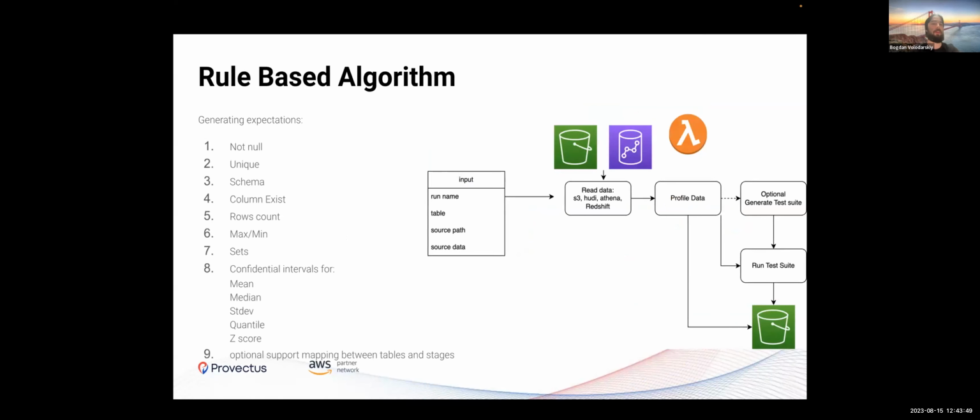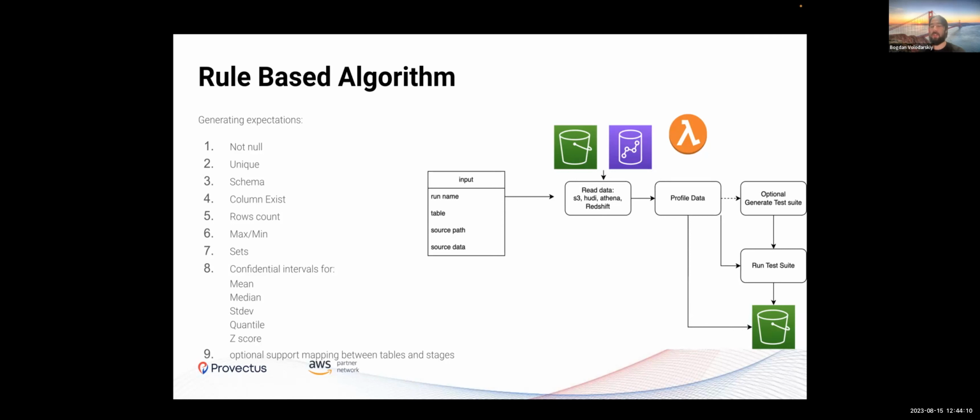And also, yeah, about our rule-based algorithm, which could generate tests on the fly. So here you can see the kinds of expectations we can already generate. It's, similar to what you said, unique values, null and not null values.